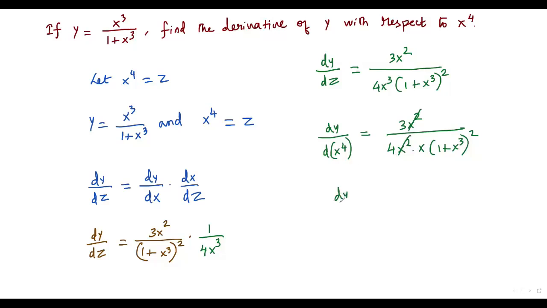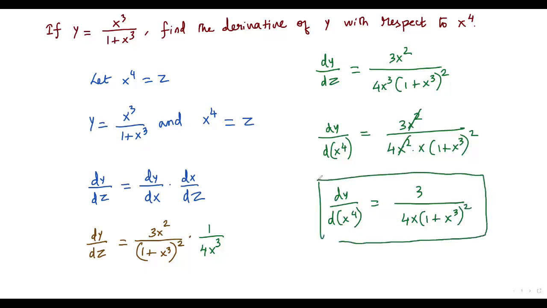Okay, so dy over d of x to the fourth power equals 3 over 4 times x times (1 positive x cube) the whole square. Okay, now I got the derivative of the function defined by y with respect to x to the fourth power. It equals 3 over 4x times (1 positive x cube) the whole square.